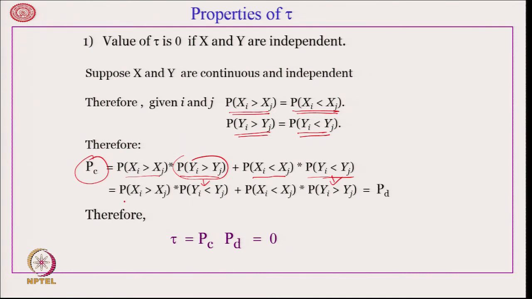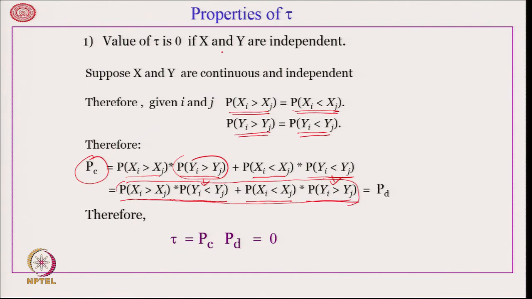Therefore, we find that P_c is the same as probability x_i greater than x_j multiplied by probability y_i less than y_j, plus probability x_i less than x_j multiplied by probability y_i greater than y_j, and we know that this entire thing gives us the probability of discordance.